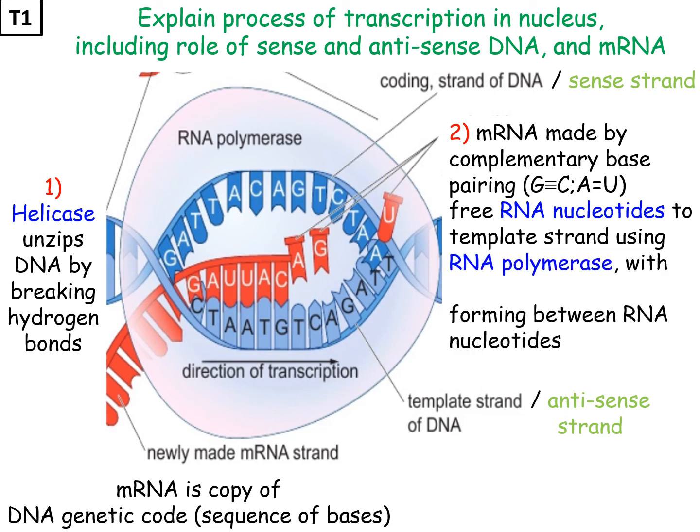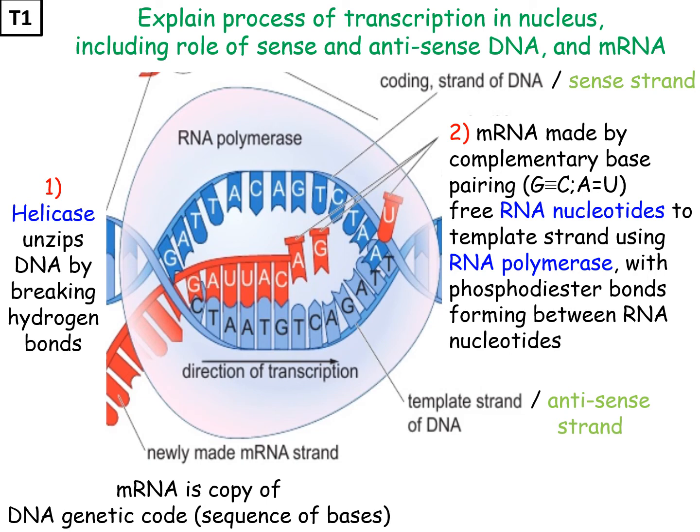This is done by an enzyme called RNA polymerase. So RNA polymerase gets RNA nucleotides to hydrogen bond with complementary base pairing to the template strand, which is the antisense strand, the opposite of the coding strand, the sense strand of the gene.